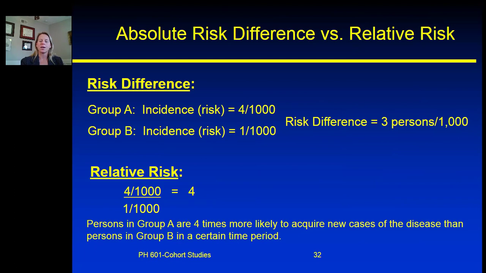And then this is another example of that. So here you have data where the incidence in group A is 4 per 1,000, and in group B it's 1 per 1,000, giving you a risk difference of 3 per 1,000. But that calculates out to a relative risk of 4. So again, the interpretation can be different, and they're both correct measures. However, the values are different in most cases.